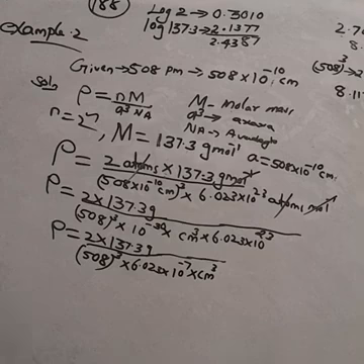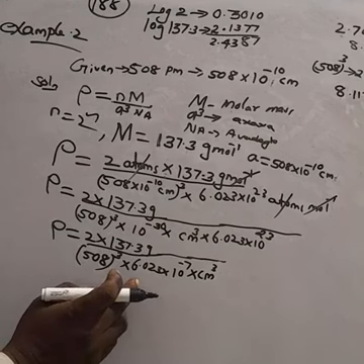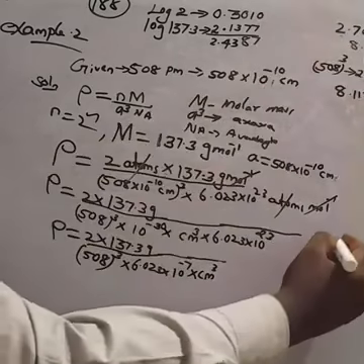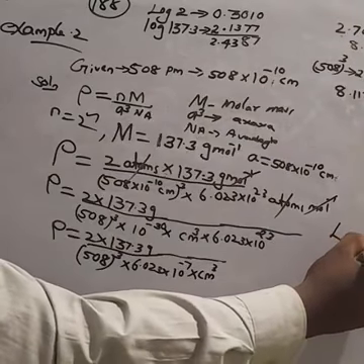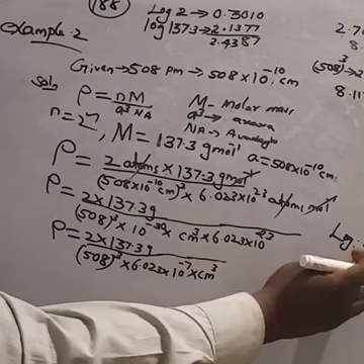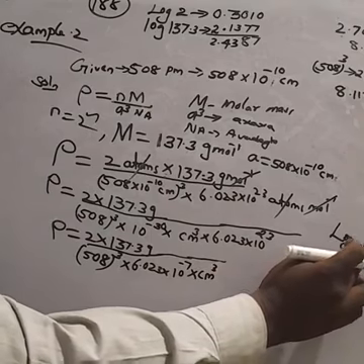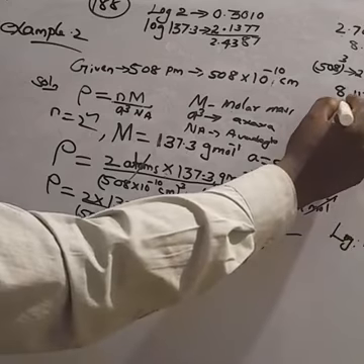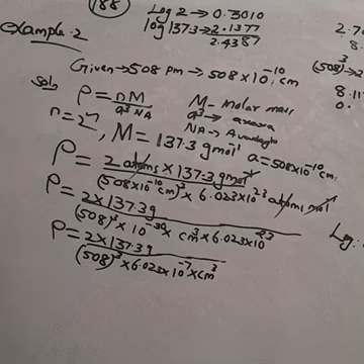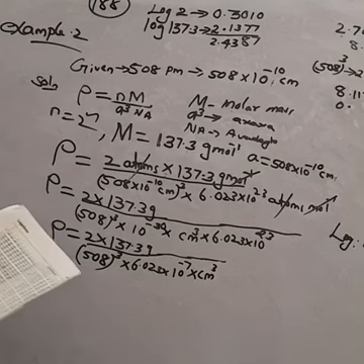Next one. We have to find out the Avogadro number. What is the Avogadro number? 6.023 is the Avogadro number. That value also we find out. 6 is a single digit, am I right? So I am writing 0 point. Single digit means 0 point. So I am going to find log of 60.